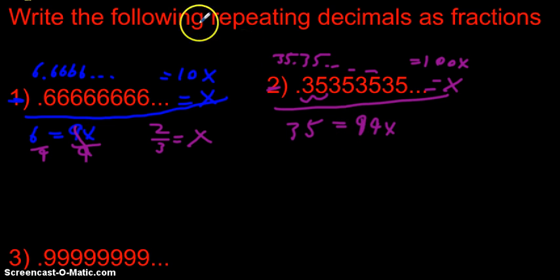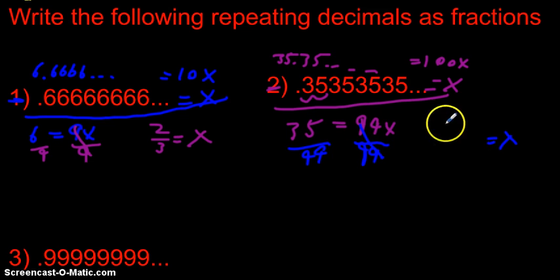So just like before, we can divide both sides by the same thing. So we'll divide them both by 99. And we get x is equal to 35/99. So that means 0.353535 is equal to 35/99.